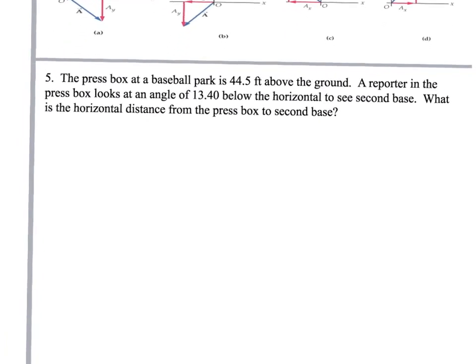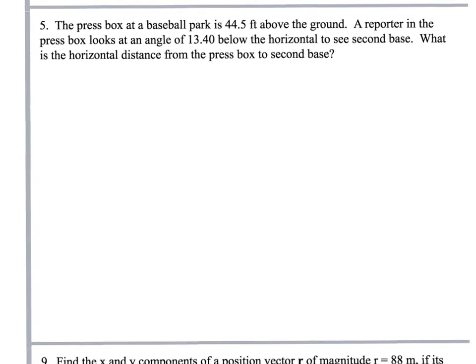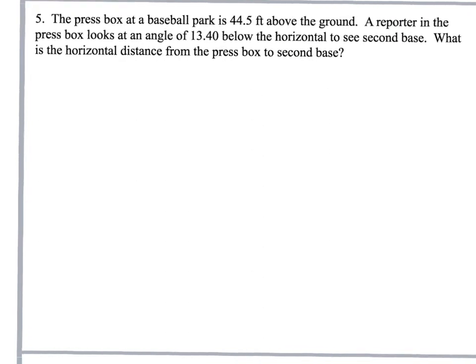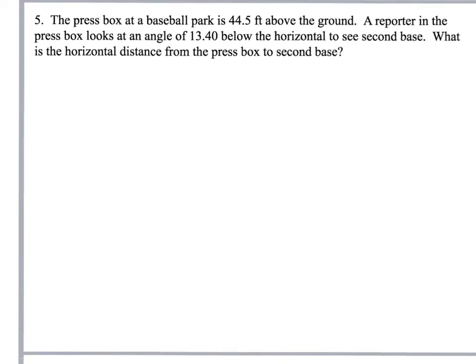And so, another problem to look at, now that we looked at our directional problem with the library, but this time we want to look at the problem where we have a baseball. We're in the press box at a baseball park, and we're 44.5 feet above ground.